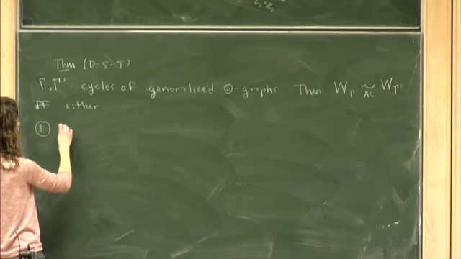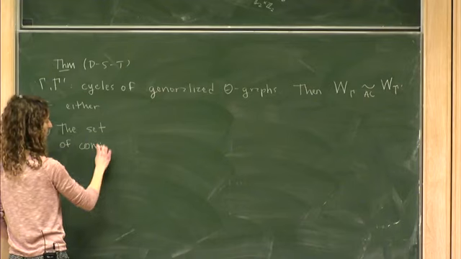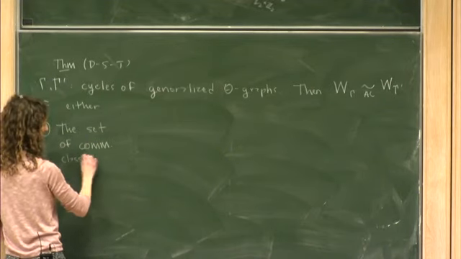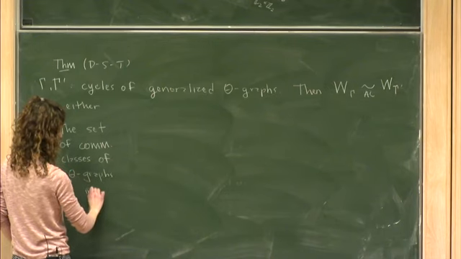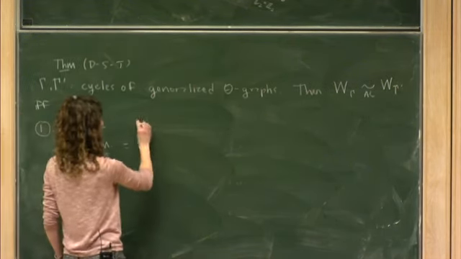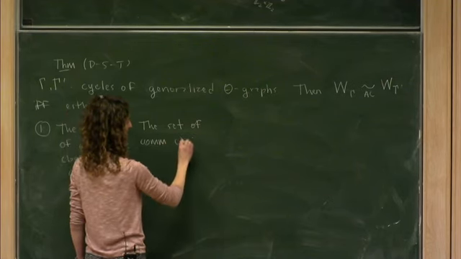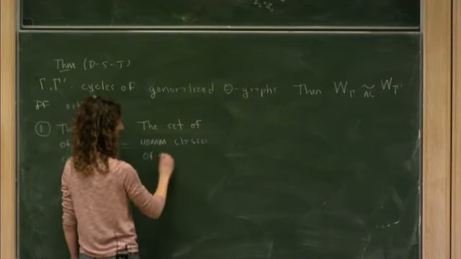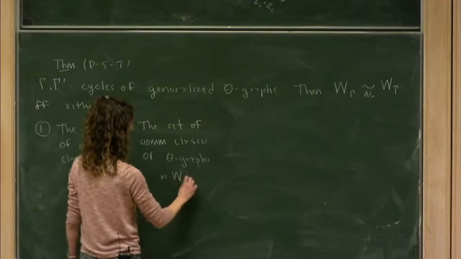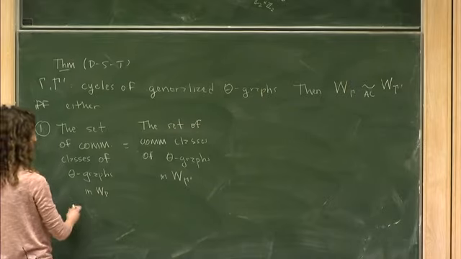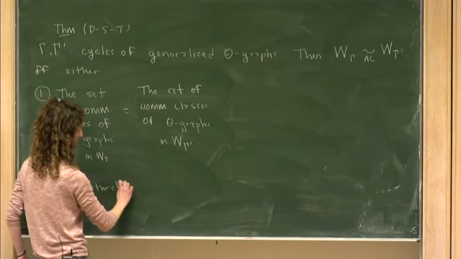First, the set of commensurability classes of theta graphs in W gamma is equal to the set of commensurability classes of theta graphs in W gamma prime, which I'll say what I mean in a moment, and a natural ratio holds.